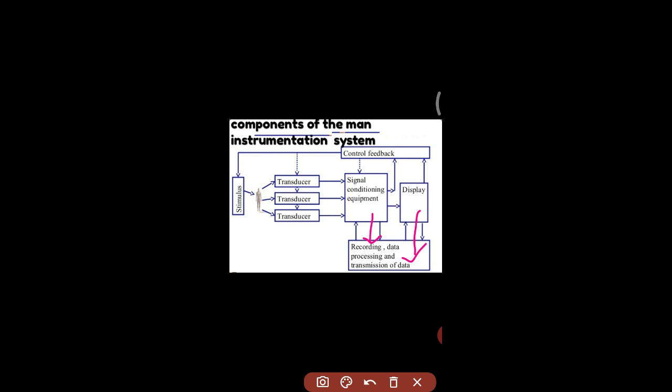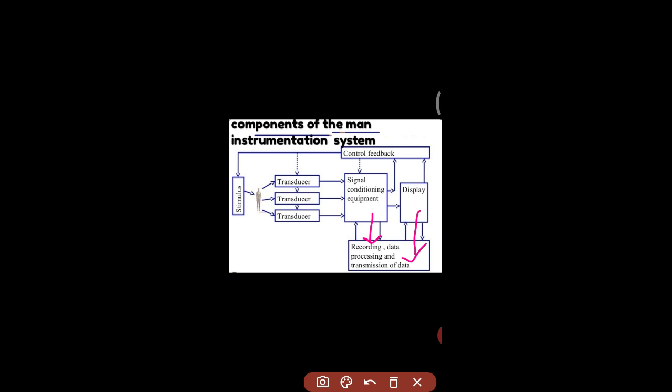We can use acoustic storage, automatic storage, or general purpose CPUs for recording the patient's information. A graphic pen recorder is actually a display device used to produce a proper record of the analog waveform. So we can keep analog information or previous data for playback of the patient information. Recording, data processing and transmission of the data are very important in the hospital.